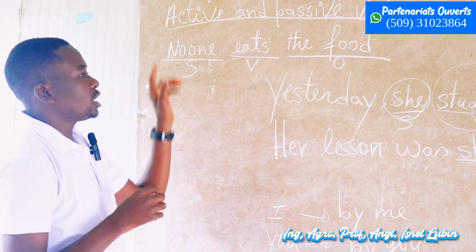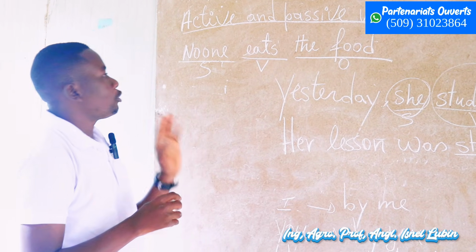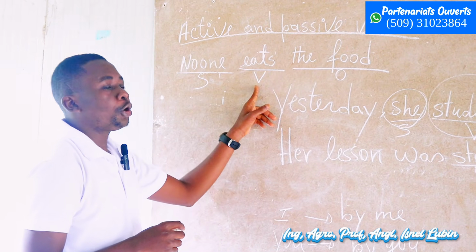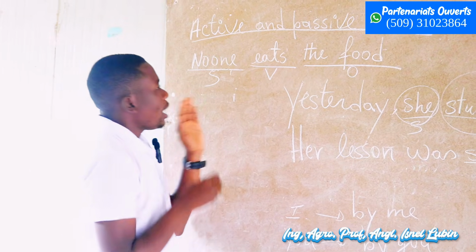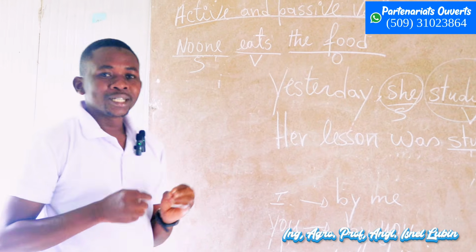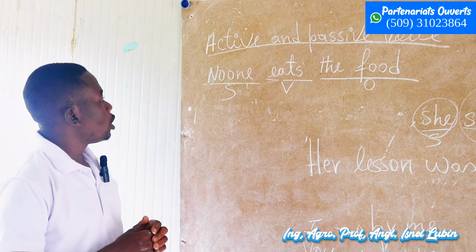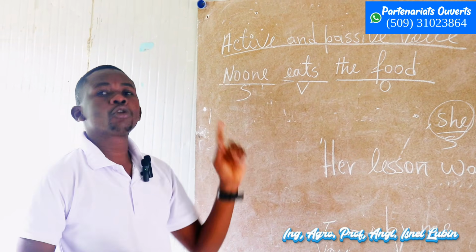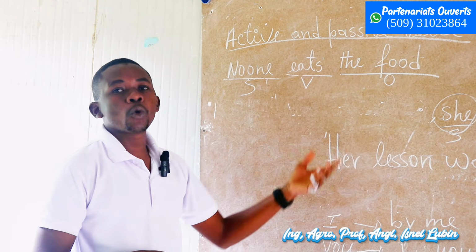Also, to transform this sentence to passive voice, firstly, I identify the subject, the verb, and the object. And then I am going to move the object to the subject position. Guys, as I told you, when you have no one in a sentence, in passive voice you will put the verb to be in negative form.